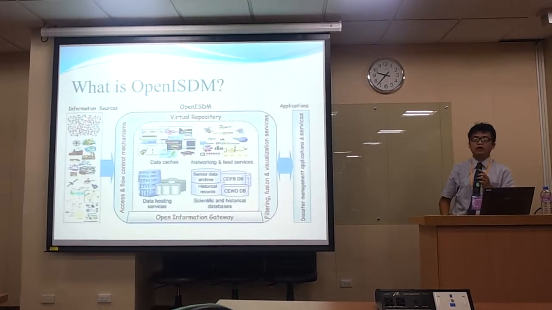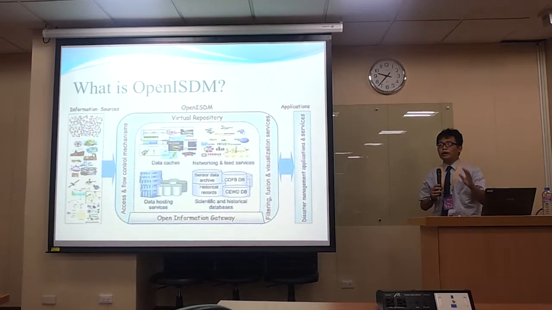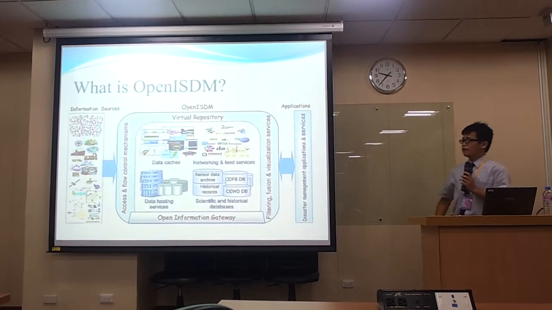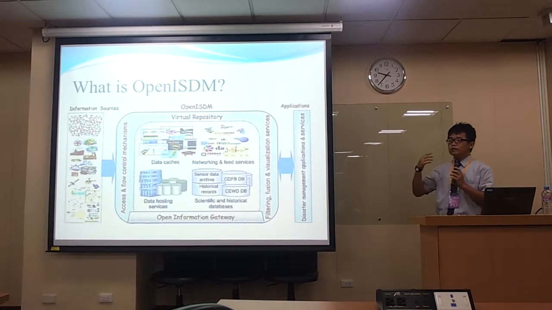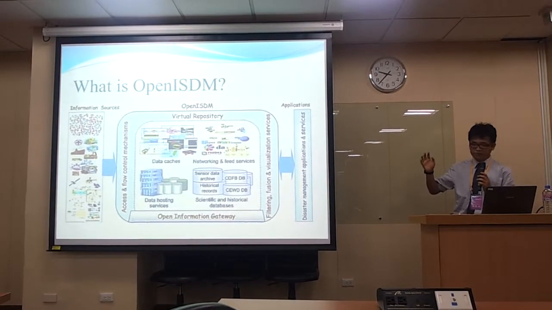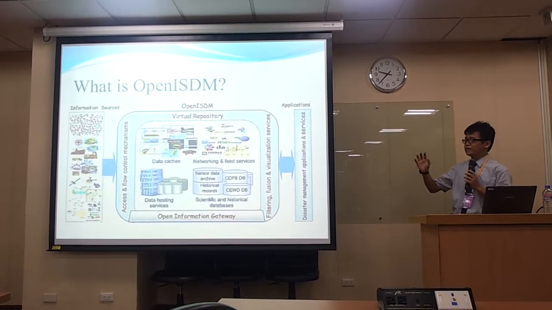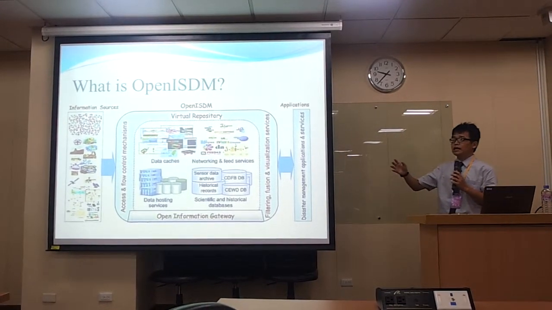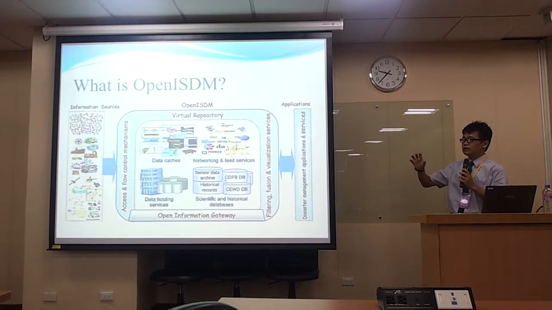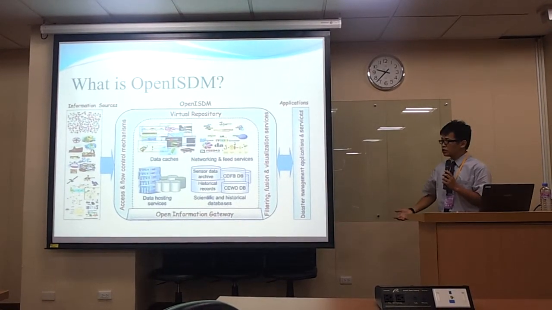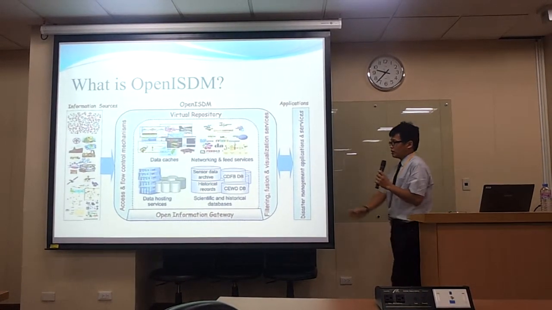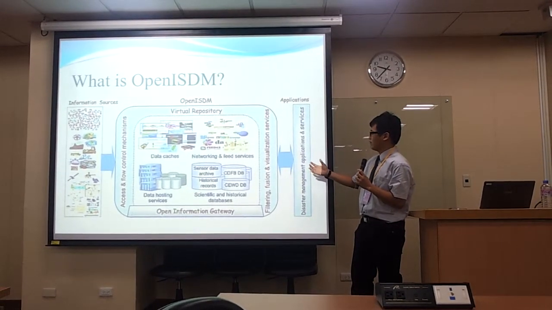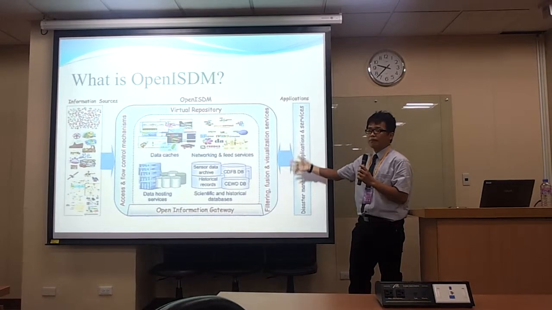So, what is OpenSDN? OpenSDN is a big project that developed a framework to facilitate the access, filtering, and presentation of information maintained by government agencies. There are many applications, and one of them is for MAD.